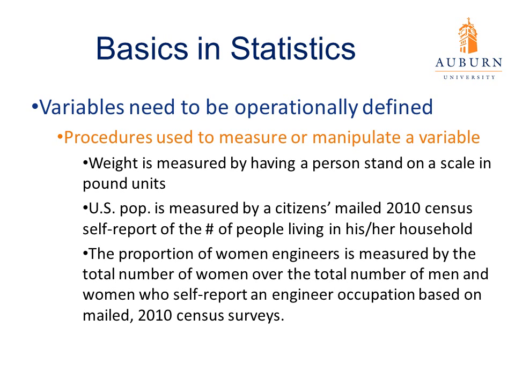So we want to include the unit of measurement in an operational definition and then describe the procedures used to gather that information, because there's several different ways to measure the constructs of interest. Alright, and then a final example of an operational definition might be the proportion of women engineers is measured by the total number of women over the total number of men and women who self-report an engineer occupation based on a 2010 census survey.